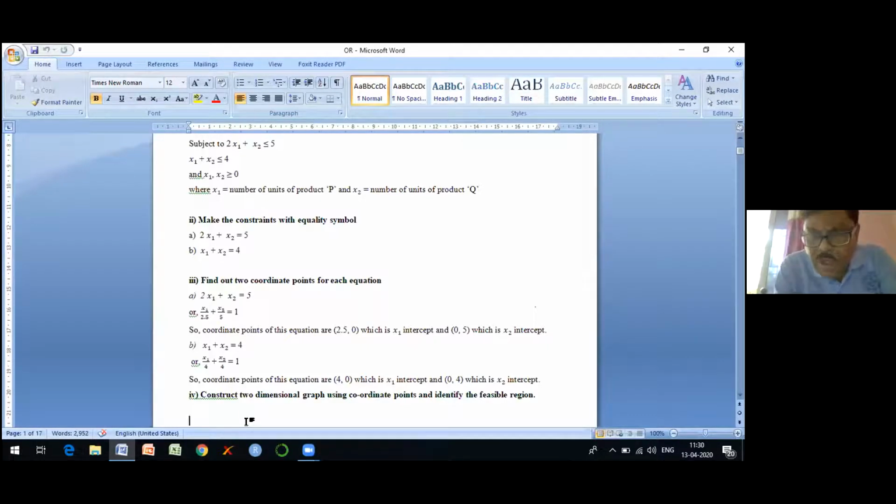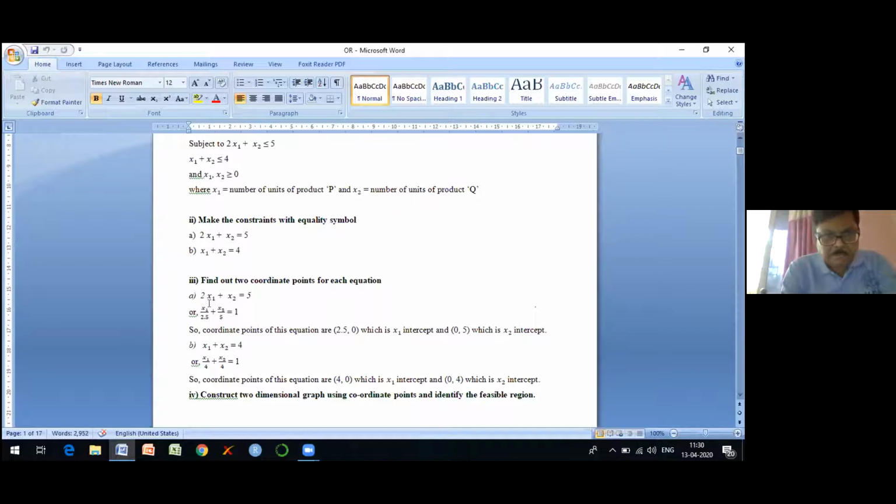So we require 2 points, that is 2 coordinates. And if you know the 2 coordinates, then you can easily draw a straight line on the basis of 2 points, or we can say 2 coordinates.